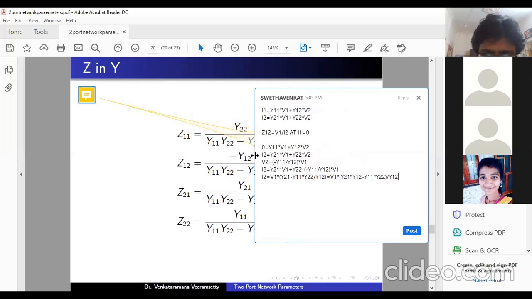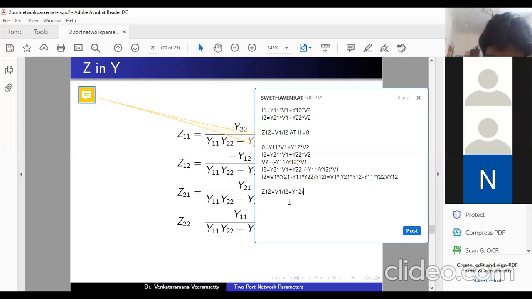So what is the definition for Z12? Z12 equal to V1 by I2, right? So V1 by I2 is equal to Y12 divided by Y12 into Y21 minus Y11 into Y22, right?